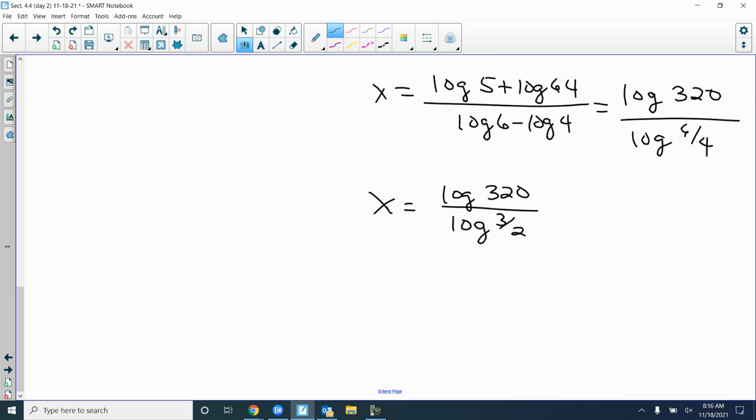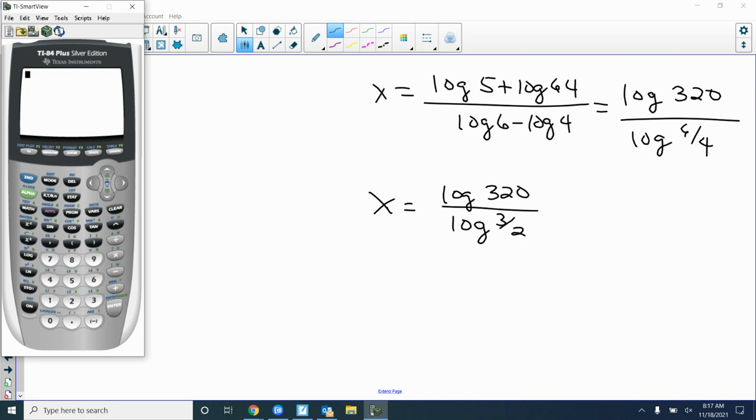Now I didn't plug in my answer to see if it was right, but if I get this one the same, I got to be pretty confident. Log of 320 divided by log of 3/2. 14.226. All right, so we're good. Remember, you can also do the natural log of all of this instead of the regular log.